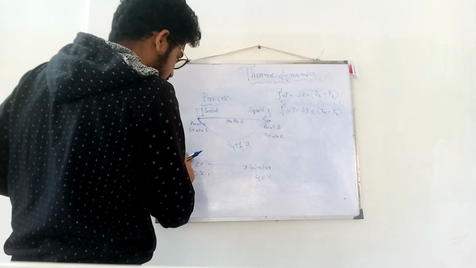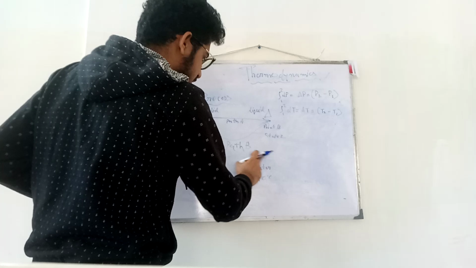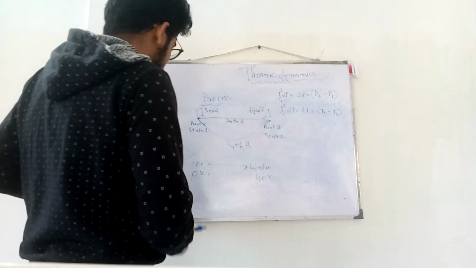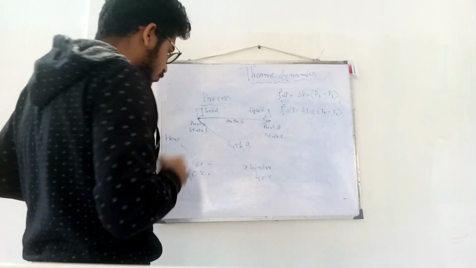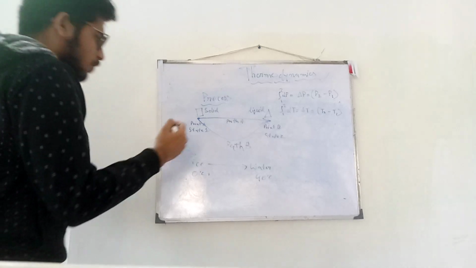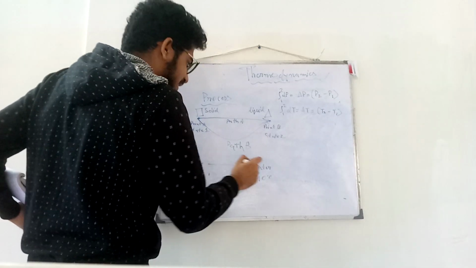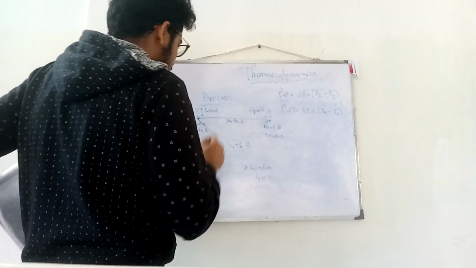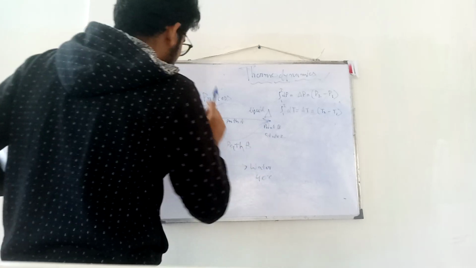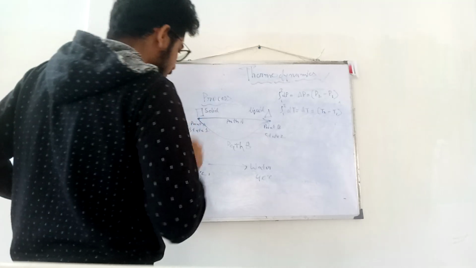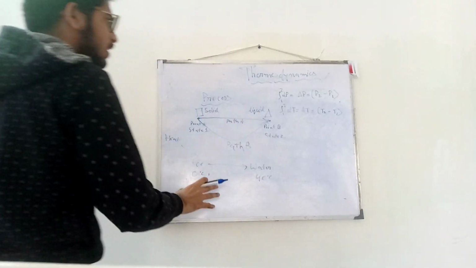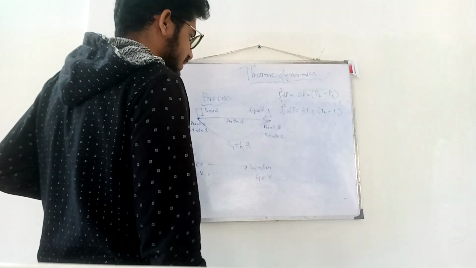Suppose the first phase is ice and the second phase is water. The phase change occurs because we are putting heat into ice. The process through which the ice changes to water when we put heat into it is called a thermodynamic process.